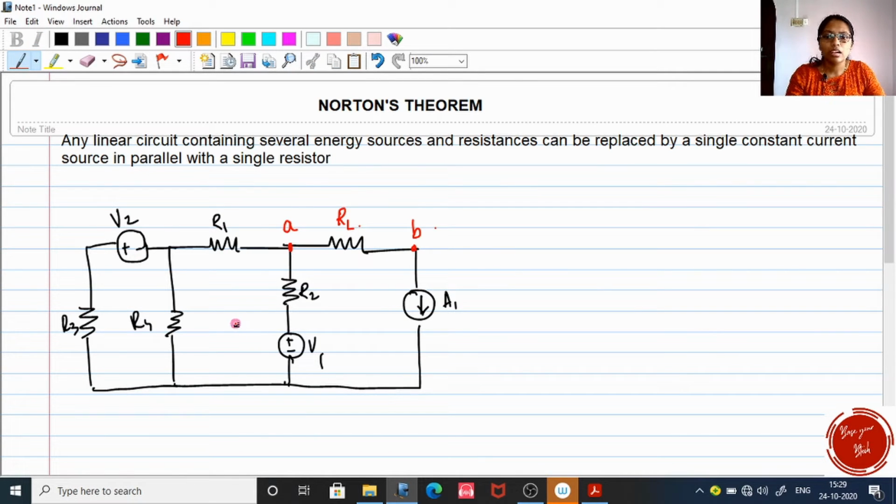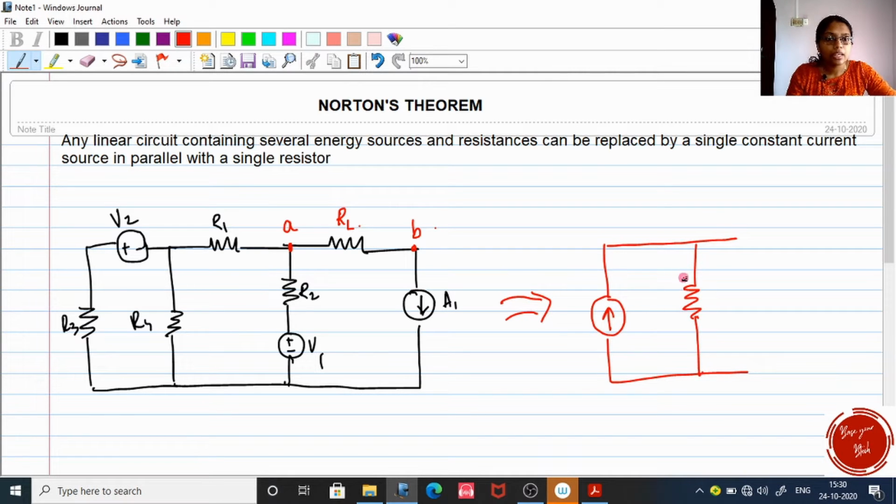And please check out this circuit. This is a complex circuit containing 4 resistors, 2 voltage sources and a current source. So this can be reduced to a circuit that contains one single current source, represented by an arrow in a bubble, and a resistor.